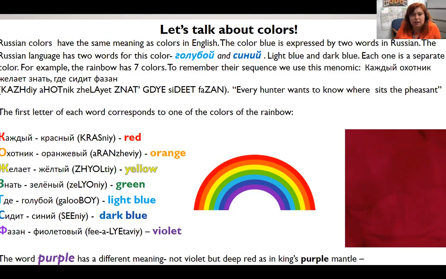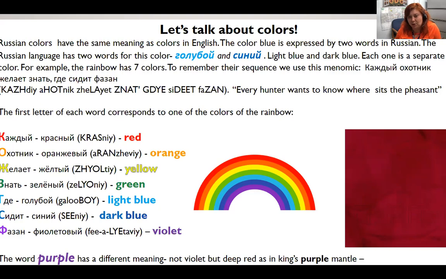Каждый охотник желает знать, где сидит фазан. Translation is: every hunter wants to know where sits the pheasant. So in Russian, the first letter of each word corresponds to one of the colors of the rainbow. Каждый, every. And red in Russian, красный, they start with the same letter.